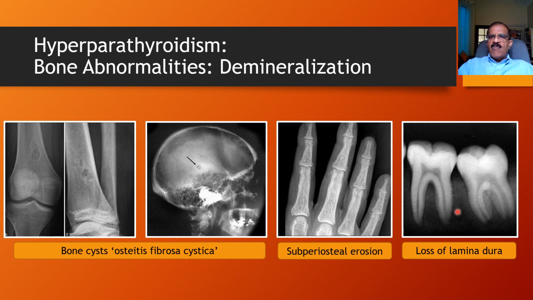So this has become famous as loss of lamina dura. My picture is blocking it, but this is written loss of lamina dura. Normally there is supposed to be a thin bone folding like this, that is absent. That is also a feature of chronic hyperparathyroidism.